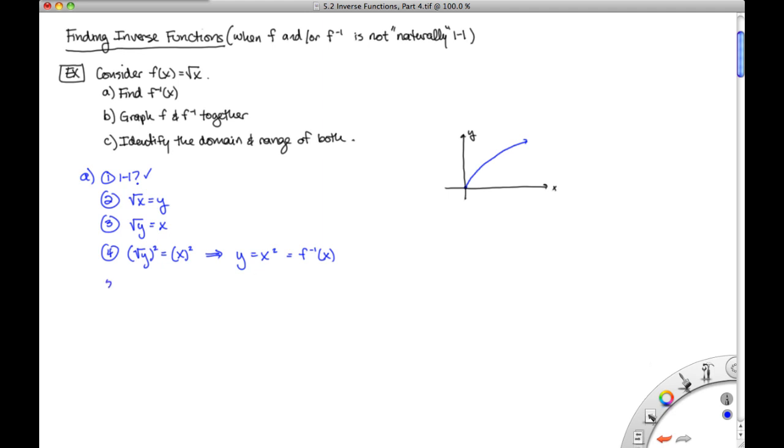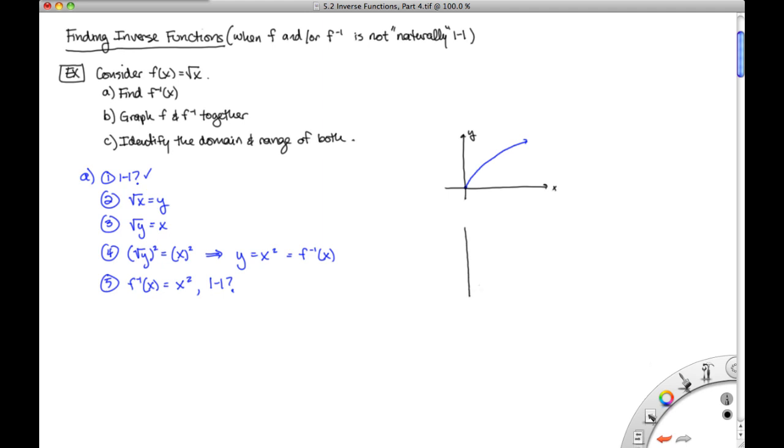This is where we're going into a little bit of trouble though, because is our inverse function, f inverse of x, one-to-one? Well, let's go ahead and sketch what we would see here.